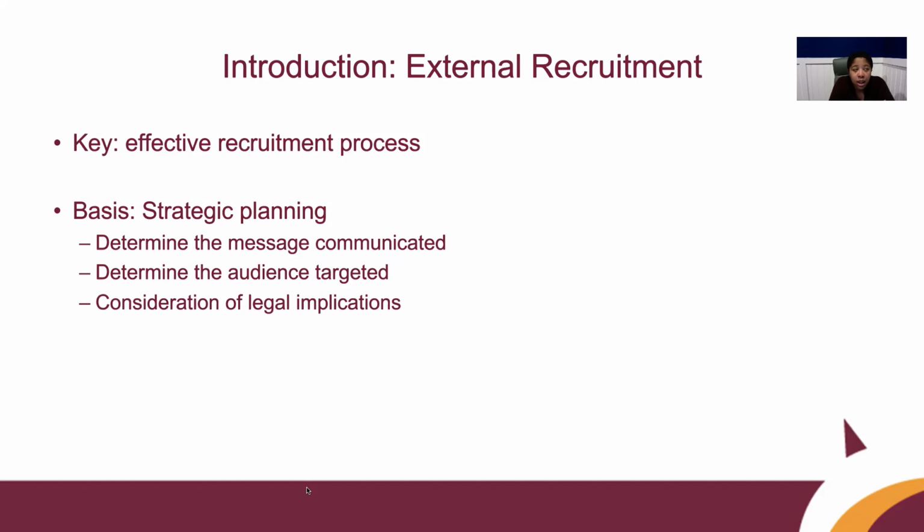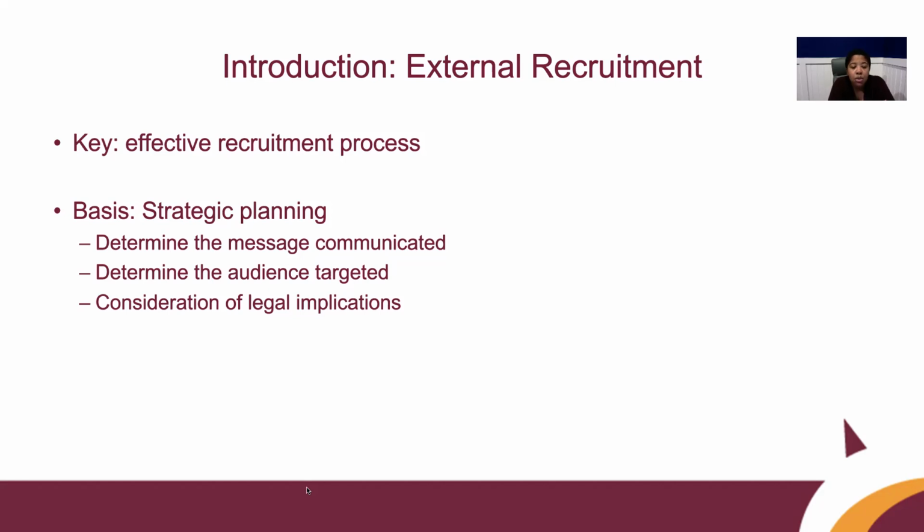And then finally, and I will echo this through every single chapter in this text, and you need to be mindful of it in your careers, you always have to consider your legal implications and your obligations. Sometimes the best of intentions meet us with some legal obligations that we may have forgotten.